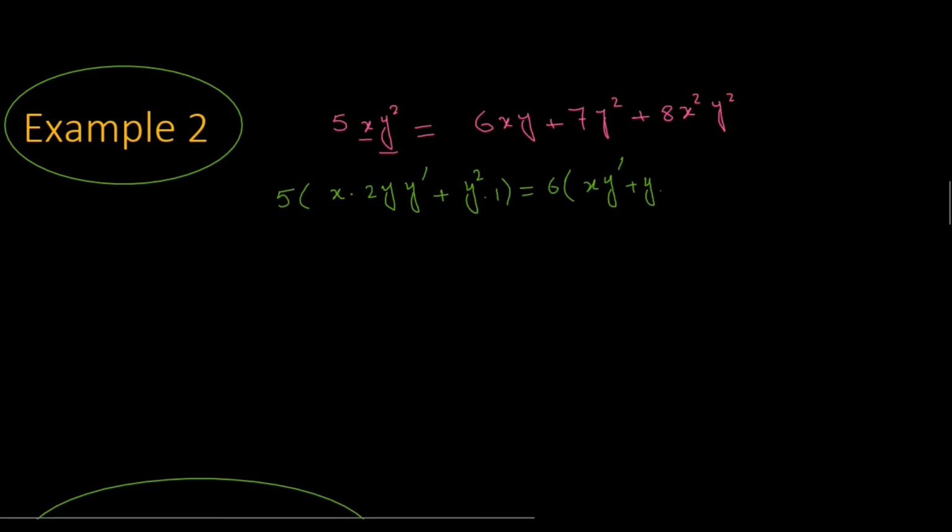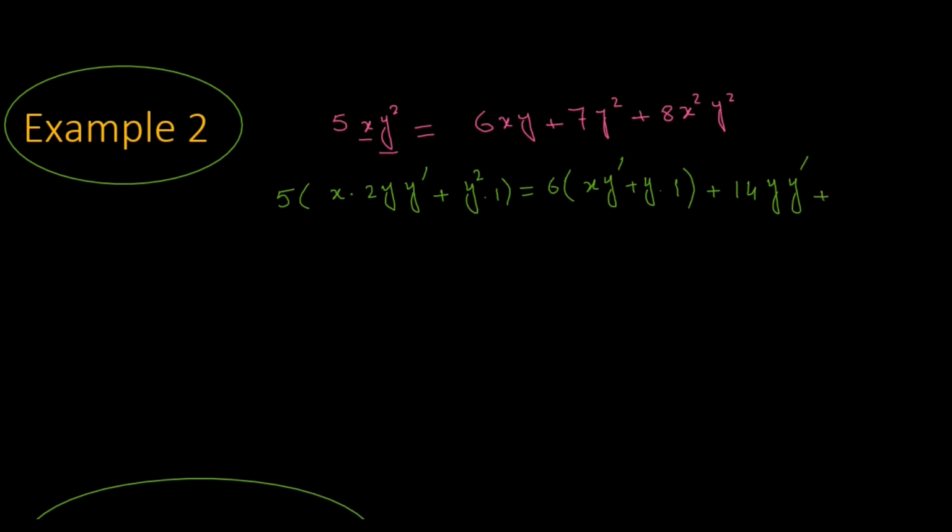In the similar way plus 7, when you take the derivative it will be 2 multiplied with 7, which is 14. And y square means the power will be reduced by 1, so no need to write 1. When you take the derivative without power, it will be y prime.